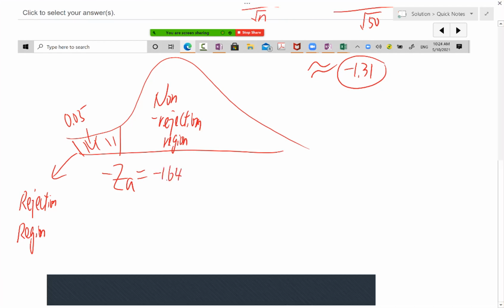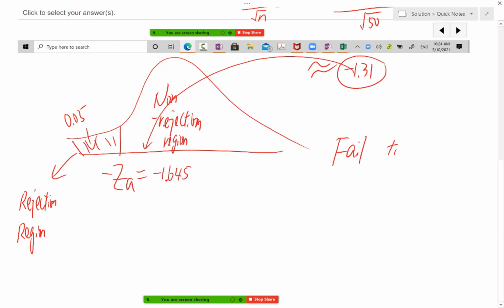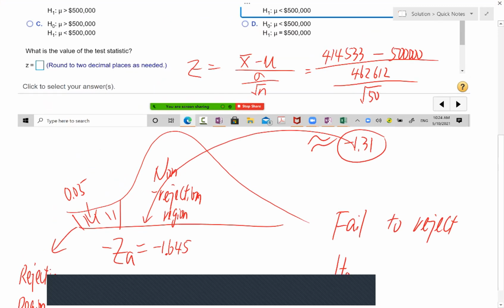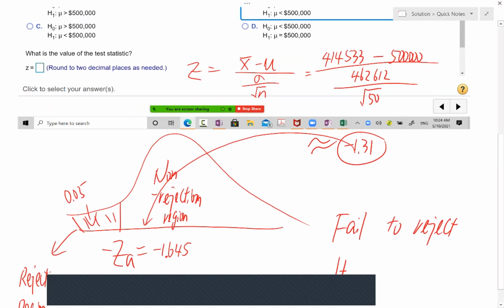And this test statistic is actually bigger than that. So this number falls in the non-rejection region, meaning we fail to reject H0. That takes care of the rest of this: the critical z-score is negative 1.645 and we fail to reject H0.